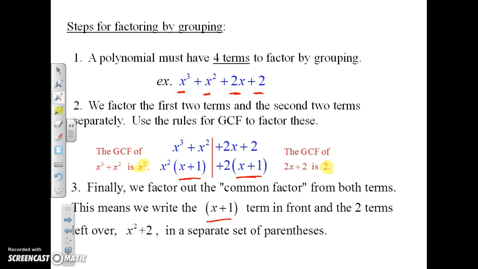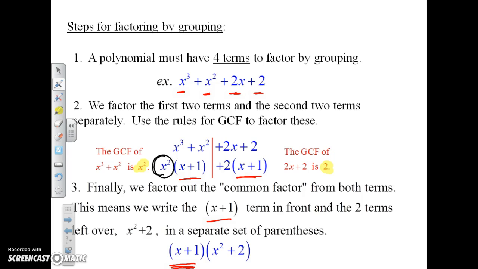Once you do that, at the bottom here, you can see that we have our x plus 1 term. We're going to place that first here at the bottom. And then there's also an x squared plus 2. Where does that x squared plus 2 come from? It actually comes from right here.